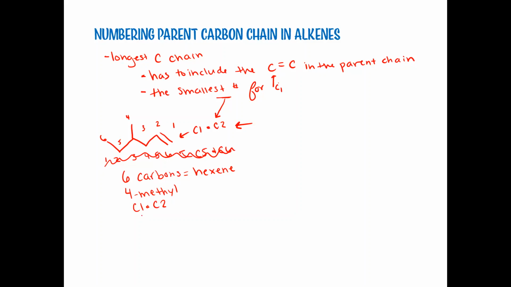It starts on C1, so the name would have this 1 in front. So it would be 4-methyl, you do the substituents first, 1-hexene. That would be the name for that molecule.